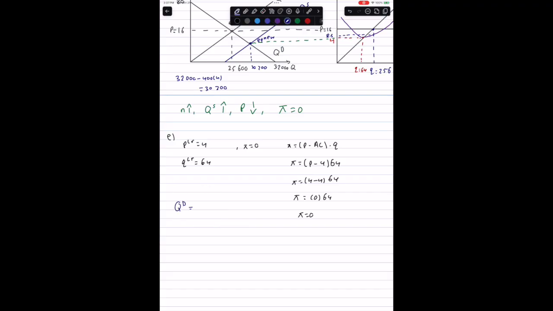We know quantity demanded is 32,000 minus 400 times P, equal to 30,200. We know N is going to be equal to 30,200 over 64. N is going to be equal to 475.